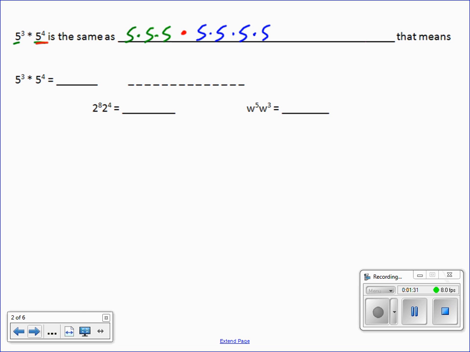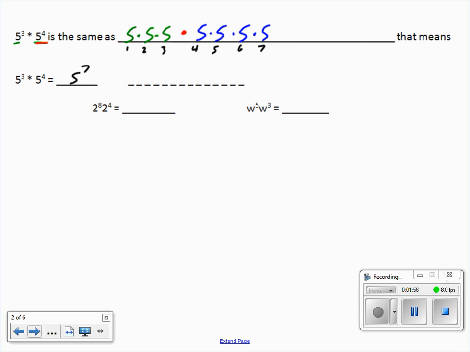If I look at this situation, I have 1, 2, 3, 4, 5, 6, 7 5s. So 5 to the 3rd times 5 to the 4th is the same as 5 to the 7th.